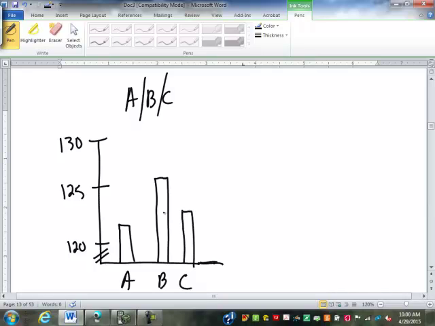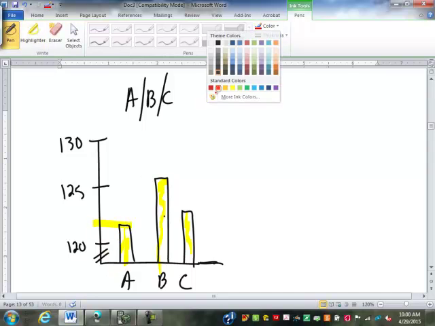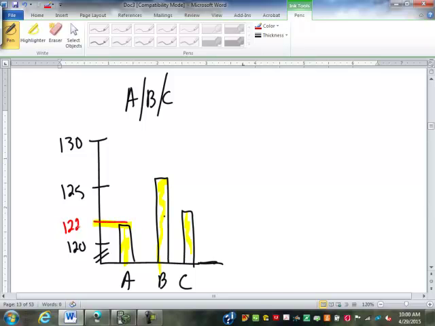Looking at this graph, if I'm company B, it looks like I have almost double the sales of company C and double to triple the sales of company A, doesn't it? Because of the nature of the graph. But if I look at the numbers, company A is about 122 million. Company C is like 123 to 124 million. And I'm up here like 126 million. I'm just a little bit above them.